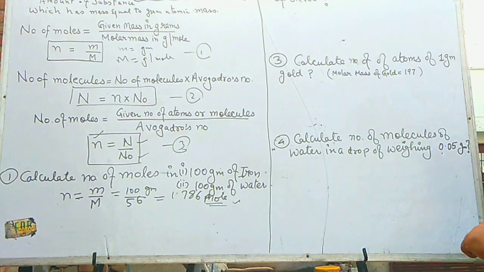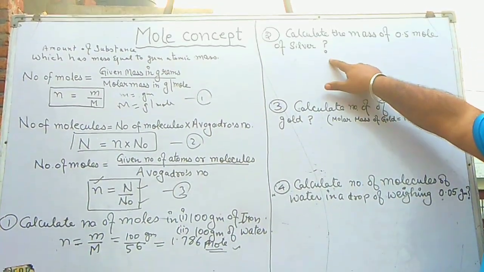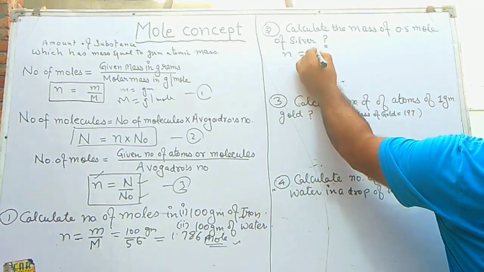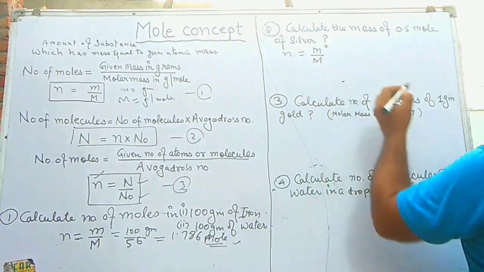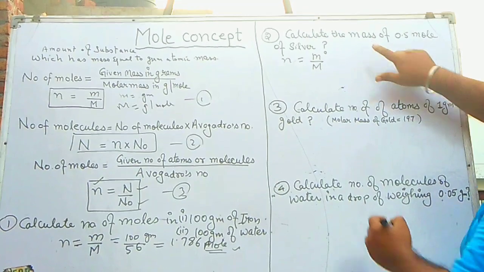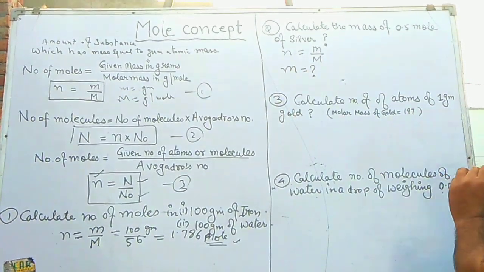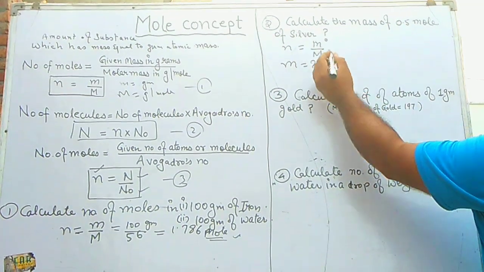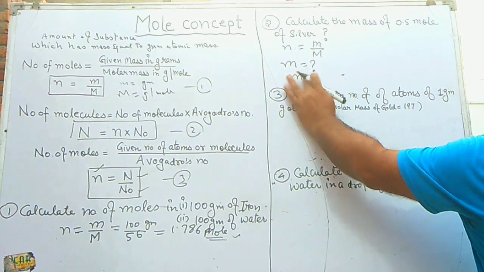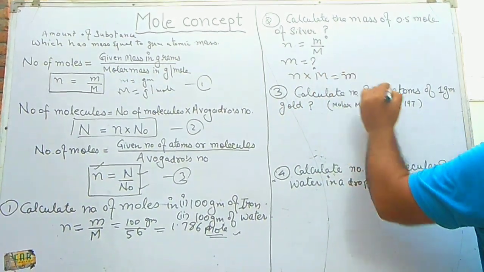Now we are going to calculate the mass of 0.5 mole of silver. Here we have the formula n equal to m over capital M. Here we have to find the mass, that means we have to find small m. So the formula will be small n into capital M equal to small m.